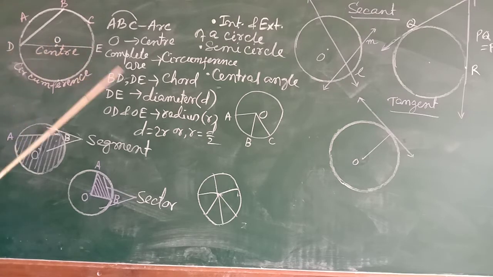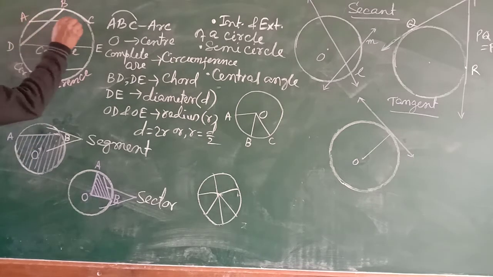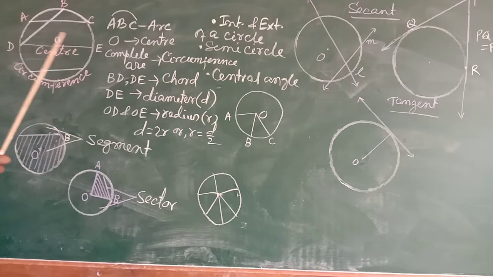First of all, any line segment drawn from this point to this point is called a chord. Here BD is a chord. Here, if you connect AC, it will be a chord.